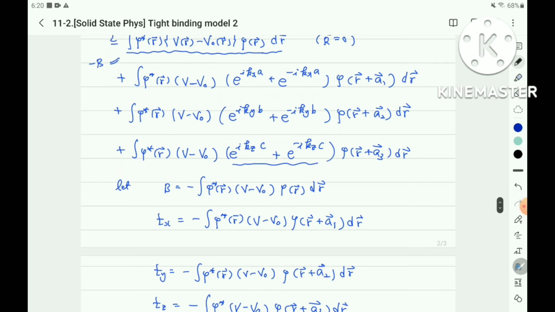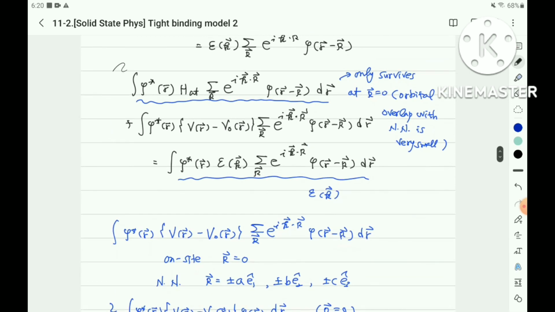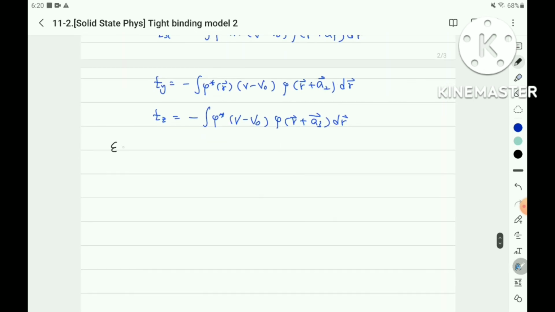From the above equation, this is the real tight binding interaction, and when we summarize, the energy eigenvalue is E phi minus b.